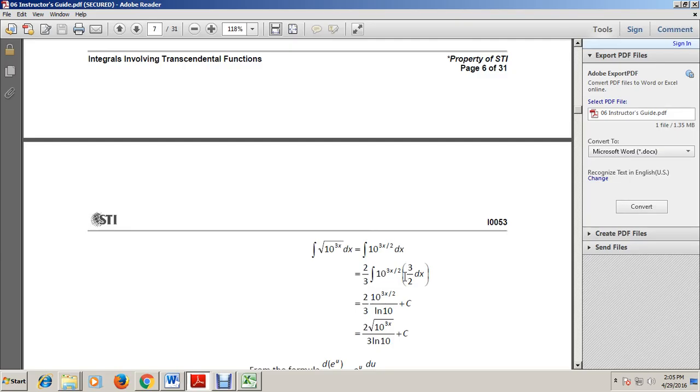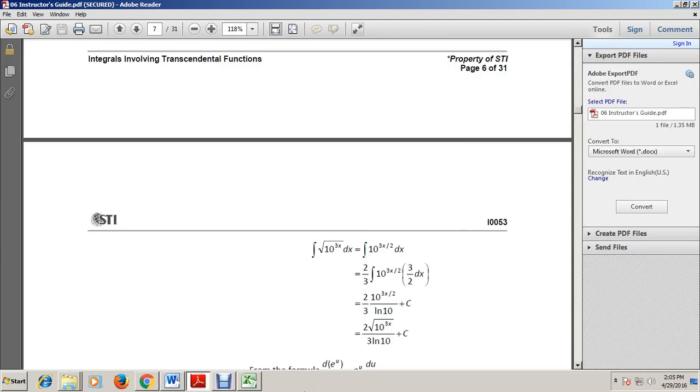Then get the derivative of u, which is du equal to 3 halves dx. Once you have solved for the derivative, you solve for dx. dx should be equal to 2/3 du. I hope you followed that using your own pen and paper.